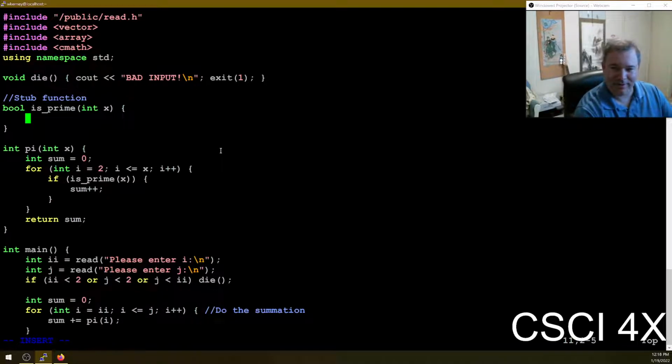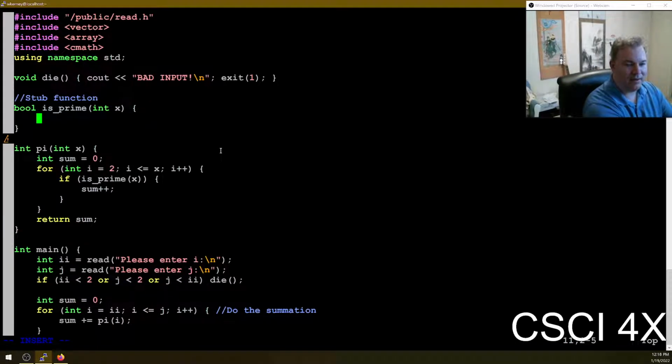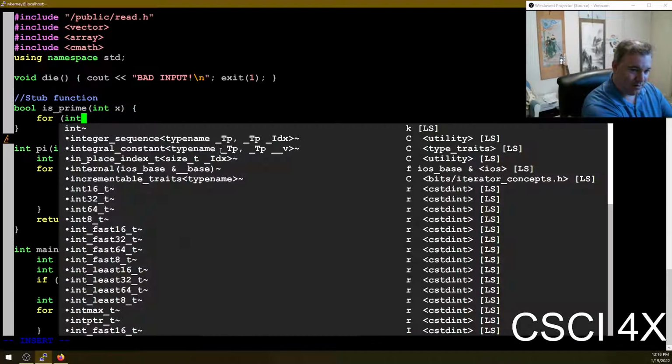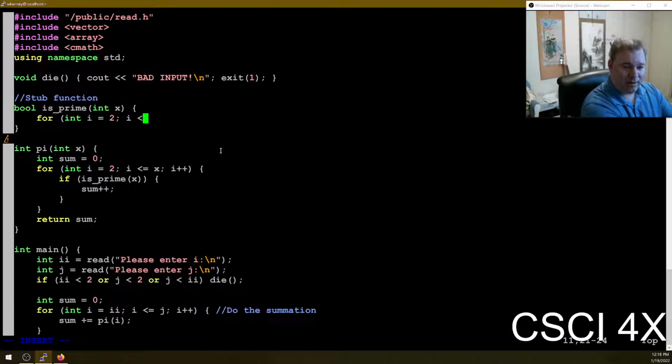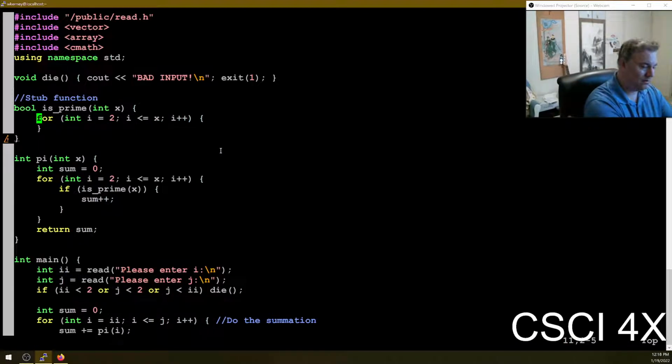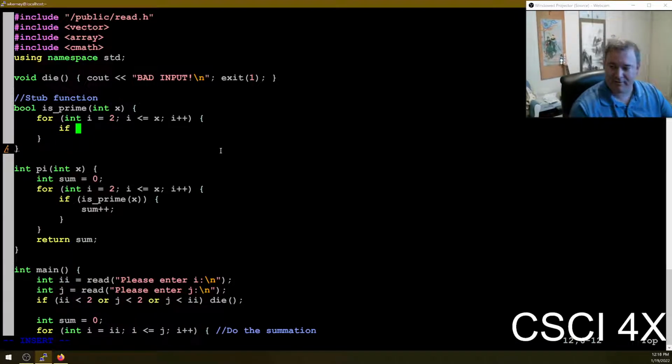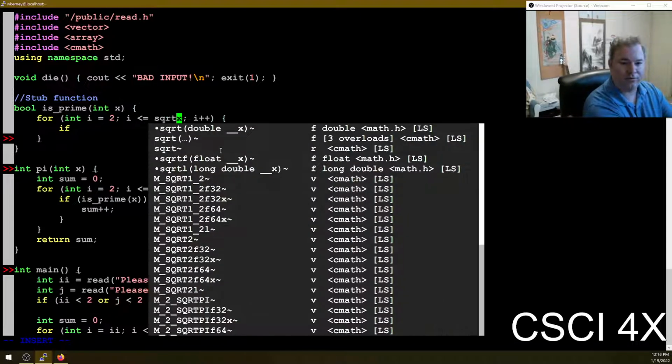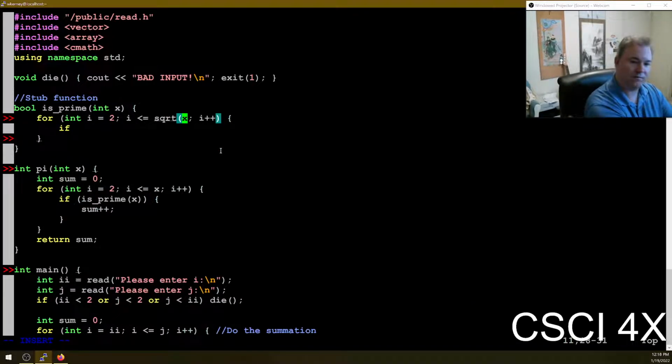So let's write an is prime function. For i equals 2, i is less than or equal to x, i plus plus. This doesn't need to go up to x, it can actually be the square root of x.